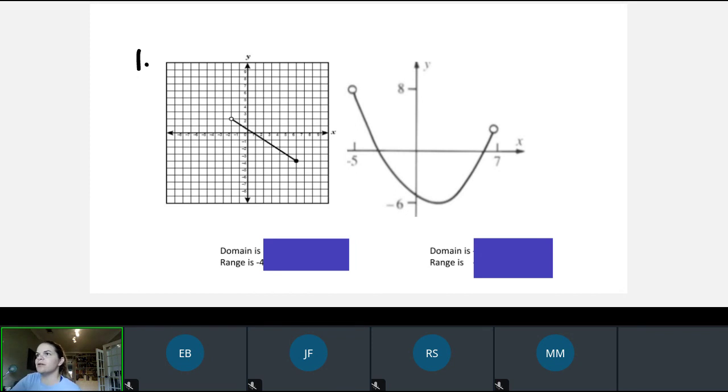All right, so for the domain of the first one, I'm going to go to my far left point. Let me put that in green here. That point is at -2, but it's an open circle. So when I write this domain, I'm going to just use the less than sign.